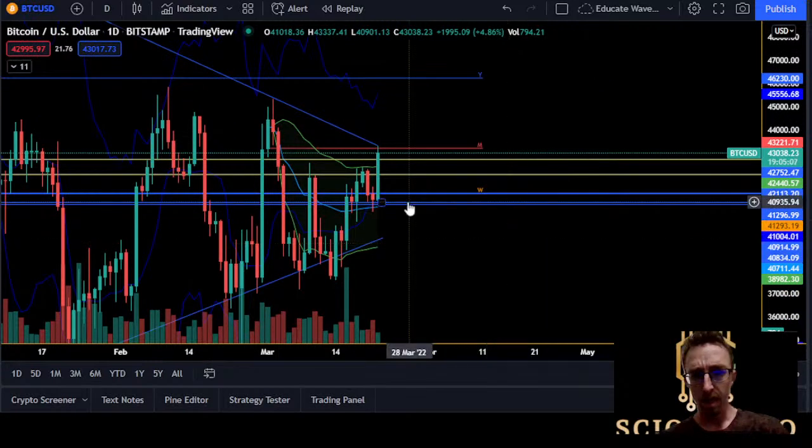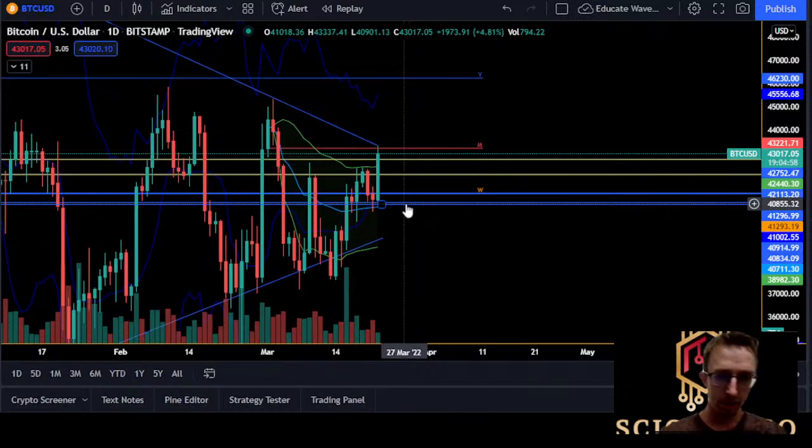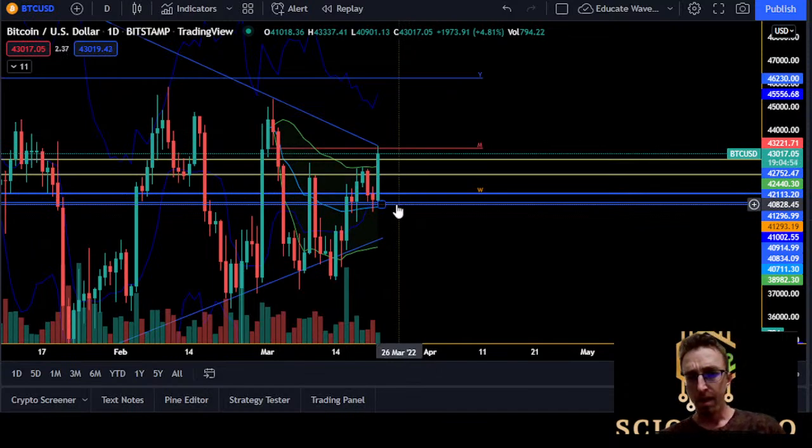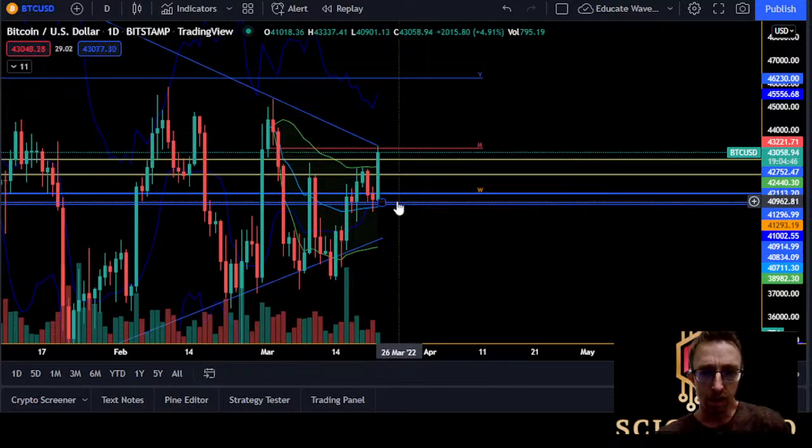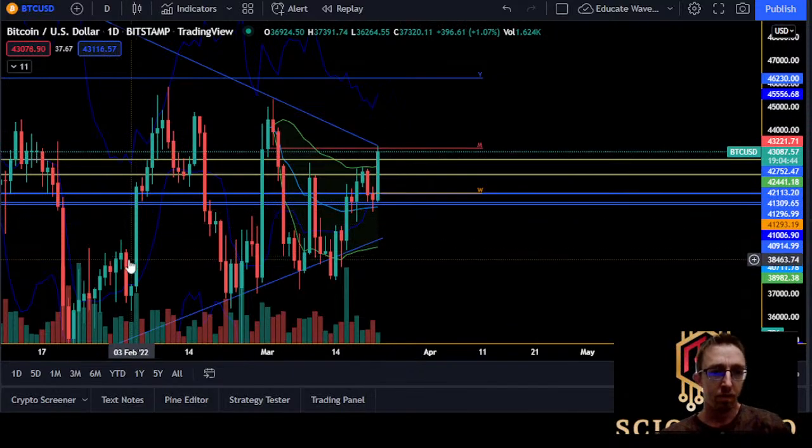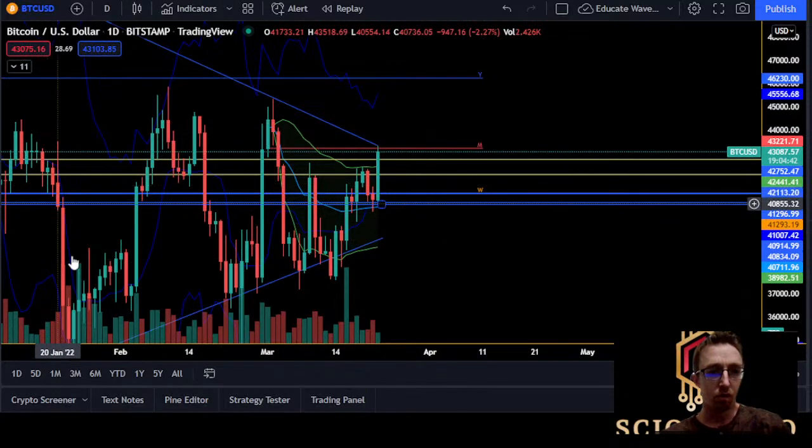So what you have going on is that at the levels of 49,000, look off to the right side of my screen, where my little hand cursor is at this line, at the levels of 40,828 and 40,962. There's been a lot of crossing over that area. Nice key bounce right there.